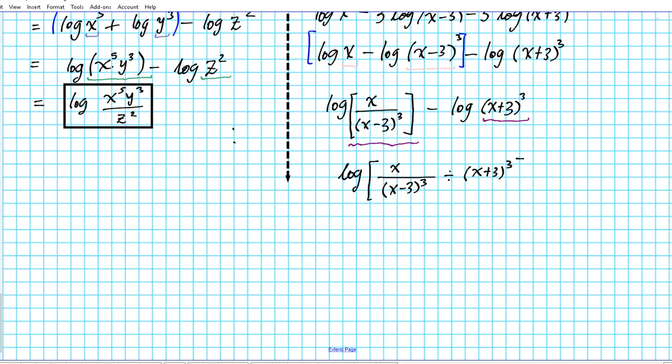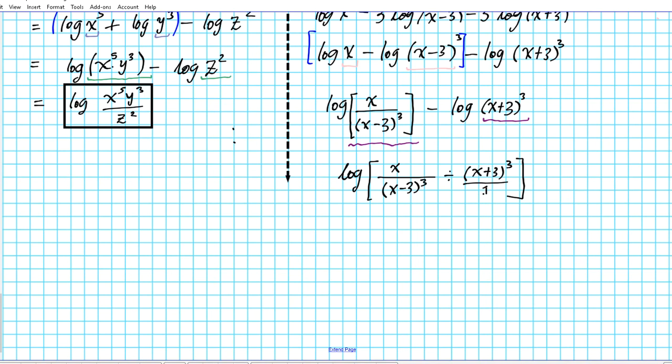Remember, when you're subtracting logarithms, it is equivalent to the logarithm of the quotient of the logarithmic arguments. Now you might wonder, why did I write it horizontally? It doesn't really matter how you write it, but whichever way, we will have a complex fraction which we have to simplify.